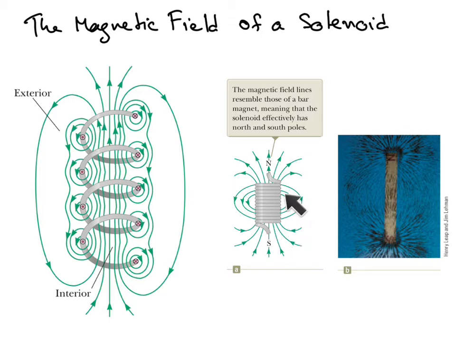So the solenoid is an electromagnet, a magnet that is created from the electric current. Okay. This is one of the practical purposes of the solenoid, that we use it as an electromagnet.